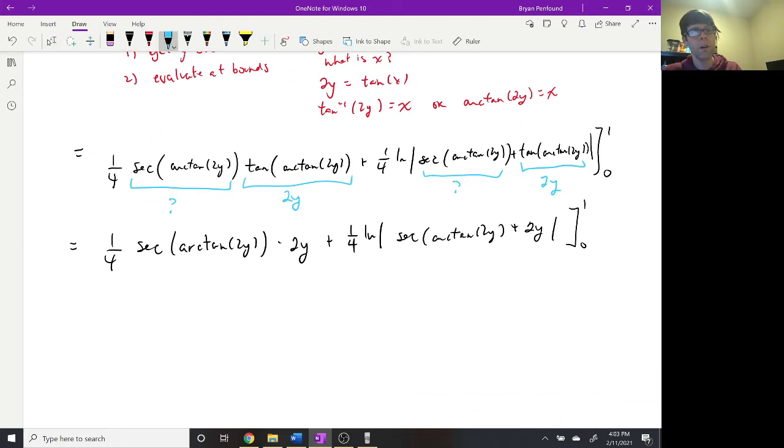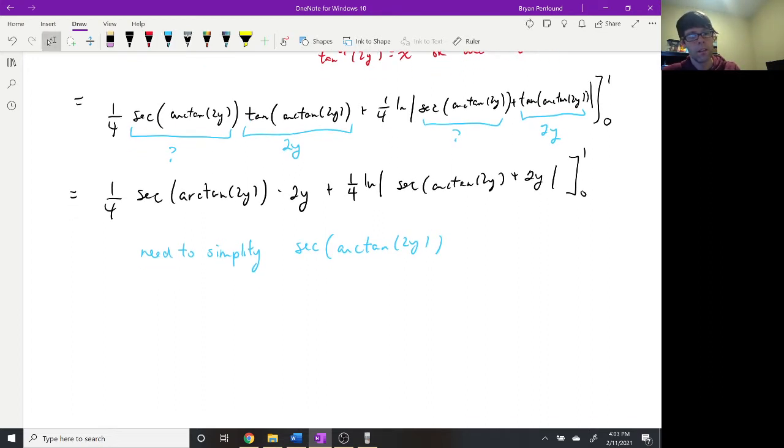Okay, so in blue, I want to think about this expression. We need to simplify secant of tan inverse of 2y. Now, secant acts on an angle.